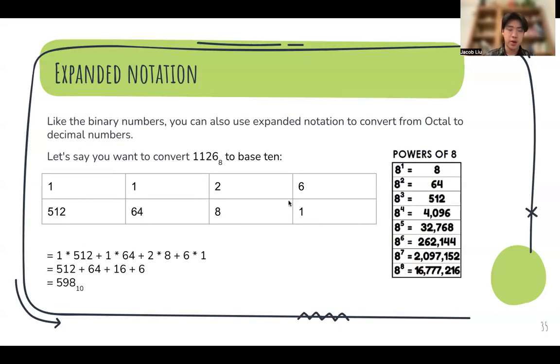So we start with 1, then get 8, then 64, and 64 times 8 is 512. Then you put the octal digits in the right boxes. Then you multiply: 1 times 512, 1 times 64, 2 times 8, and 6 times 1. You add it together, and you get 598. So those are 2 ways to do it.